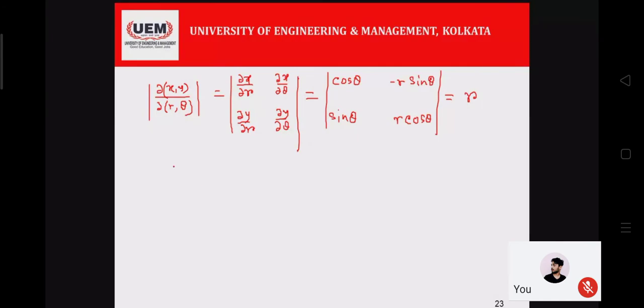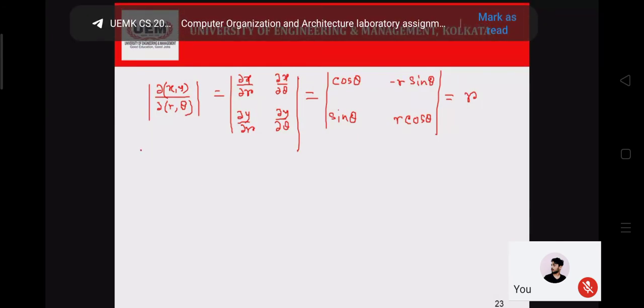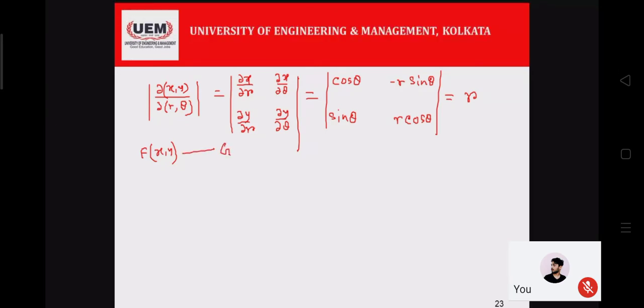Now just follow the thing. If you remember, we have to transform the function f(x,y) to g(u,v). The function is x square plus y square. Then g(u,v), use the transformation, what does it come to? Tell me, x equals r cos theta, y equals r sin theta.